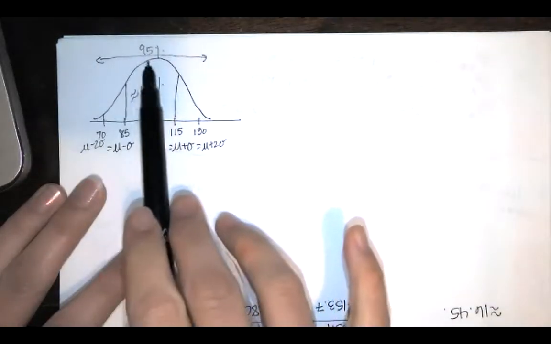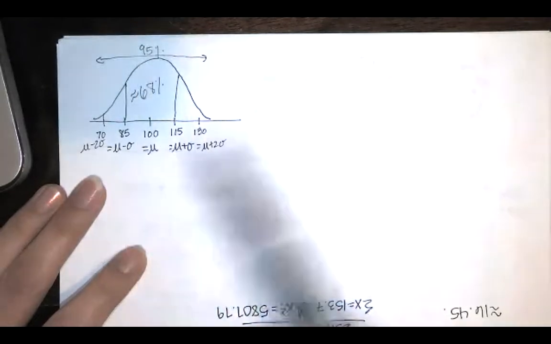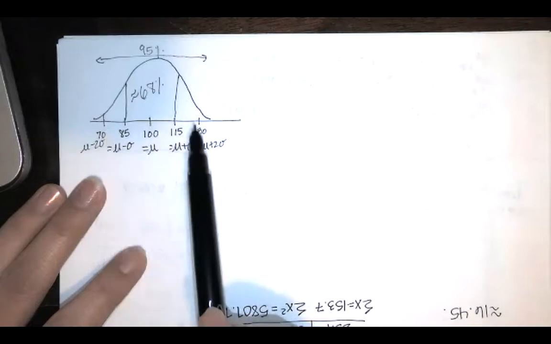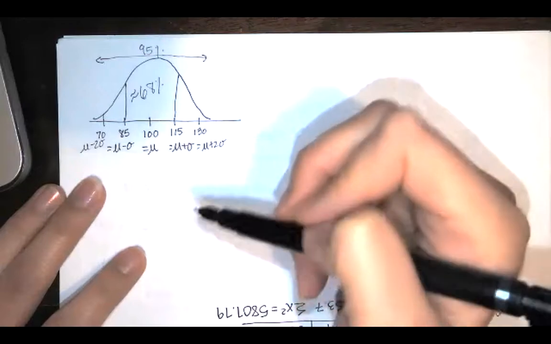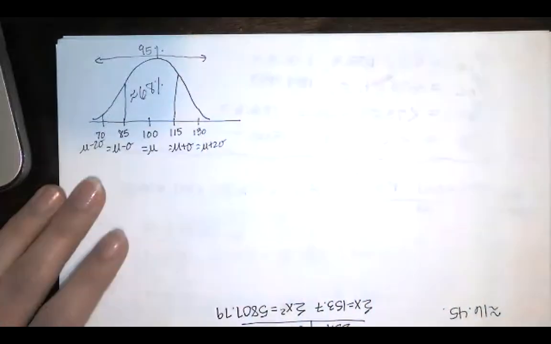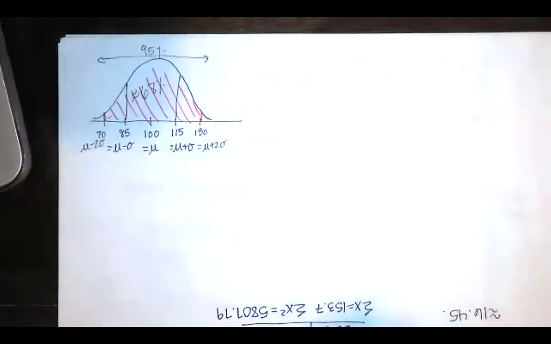So that means 95% of individuals, if this is all accurate, have IQ scores between 70 and 130. That middle 95%, that's within 2 standard deviations of the mean, according to the empirical rule, if IQ scores are normally distributed, which means they have this bell-shaped distribution, 95% of data values lie in here. And that's what they asked us.